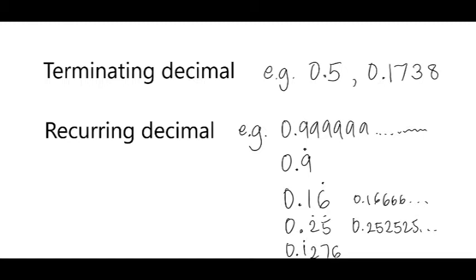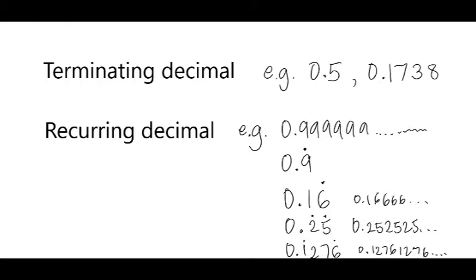We have a dot over this one and a dot over that one. It means that everything in between, those included and everything in between, all recur. So you get 0.1276, 1276, and so on. So this is the notation that we use for denoting a recurrence in some digits.